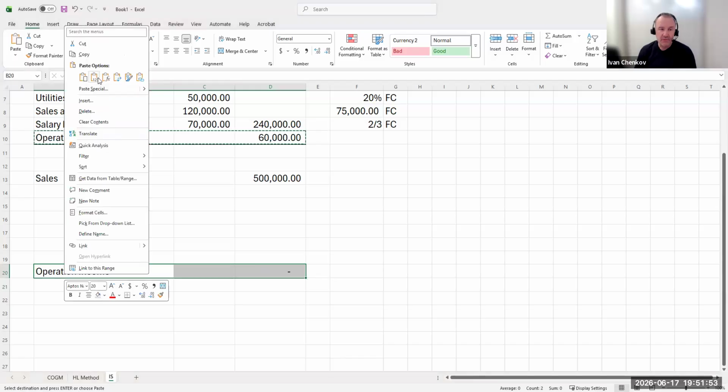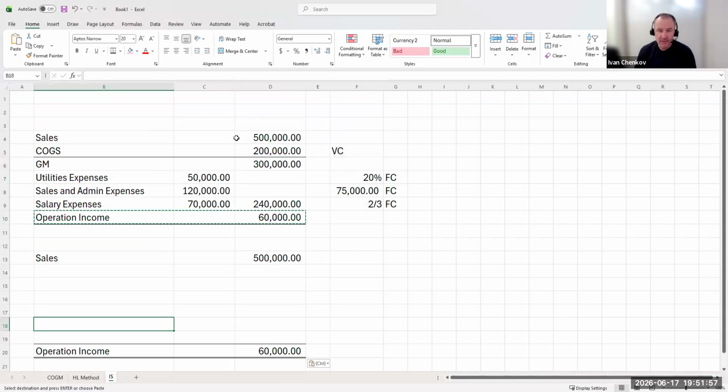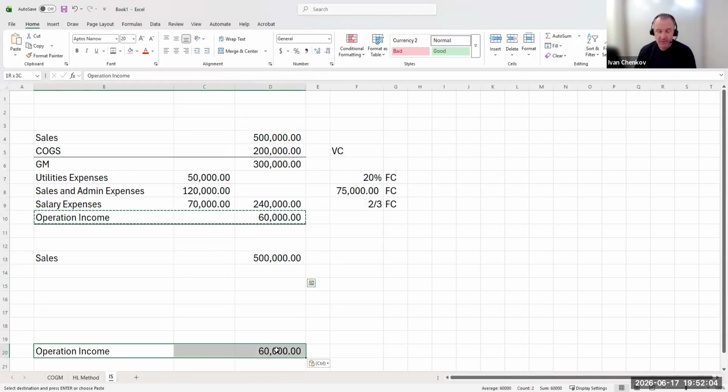Unfortunately, I cannot change the income because the period already passed. Whatever happened in this company already happened. So I cannot change the sales or the operating income. What I can do is group those costs in a different way and present them in a different way.